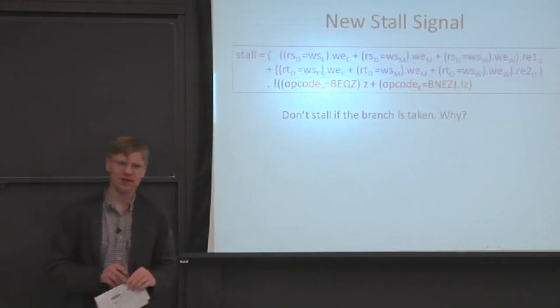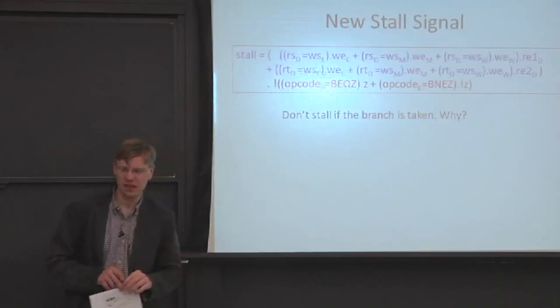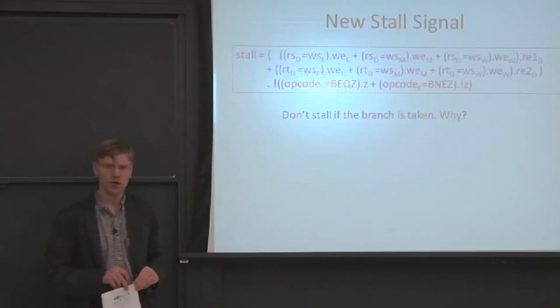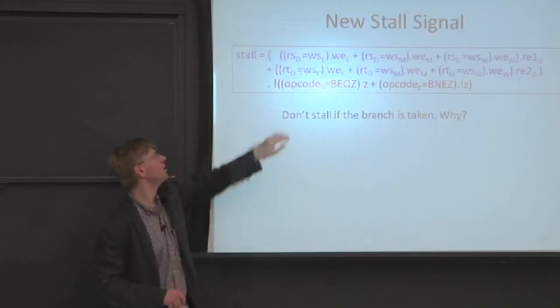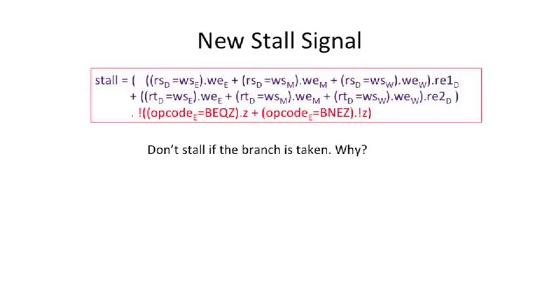OK, so now we get to talk about the stall signal in detail. We start off in blue here at the top with the stall signal we had from before. You need to check the data dependencies and check for data hazards between the registers of the source operands, the RS and RT in the decode stage, against the other stages in the pipe: the execute stage, the memory stage, and the write back stage.